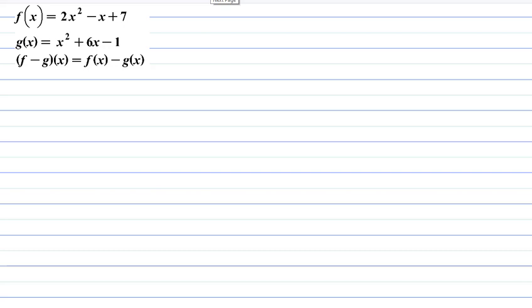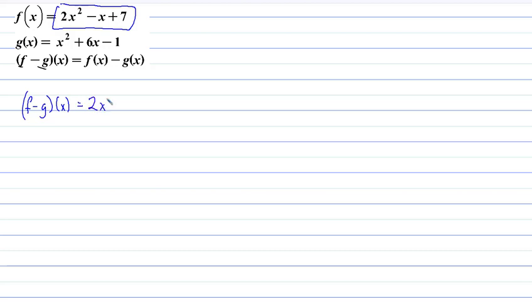So this next one, we are going to subtract two functions. And so it's going to be the same idea. We have f minus g. And so we're going to take the f function and that tells us we're going to plug in an x.